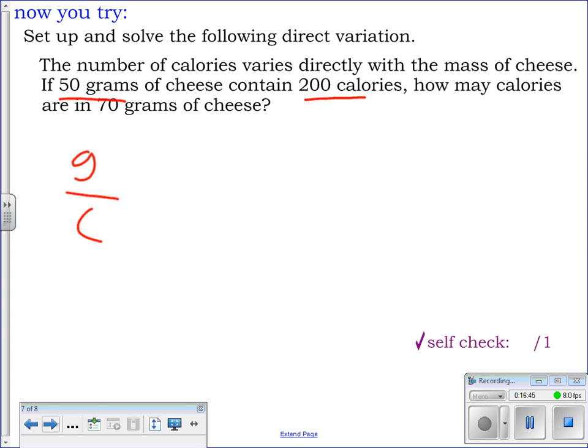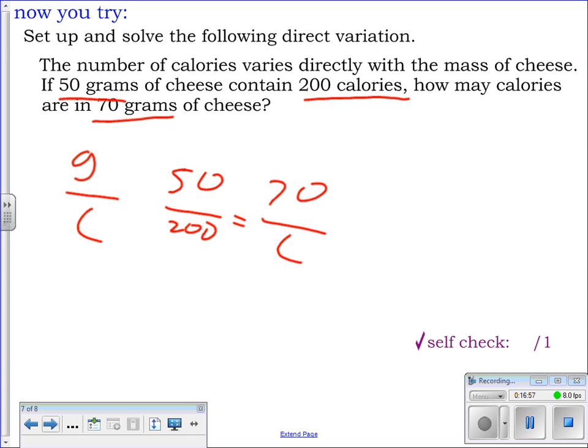50 grams, 200 calories. 50 over 200 equals 70 grams over how many calories? Okay. First thing I would do is 50 over 200 reduces.